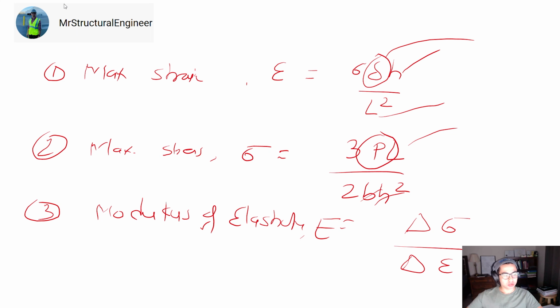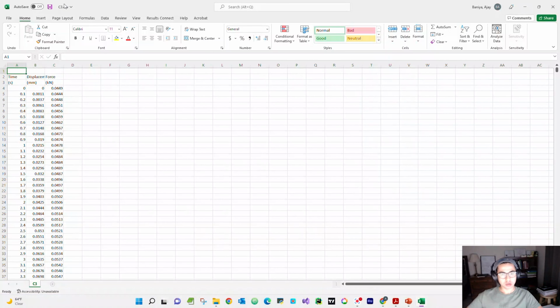Upon collection of the data after the test, this is what the data looks like. So I have time, I have displacement, and I have force, right? So I want to use, let's say this is in mm and kilonewton. I want to change that displacement to, let's say, inches, and I want to change the force into lbf. Okay, so this is for one of the samples.